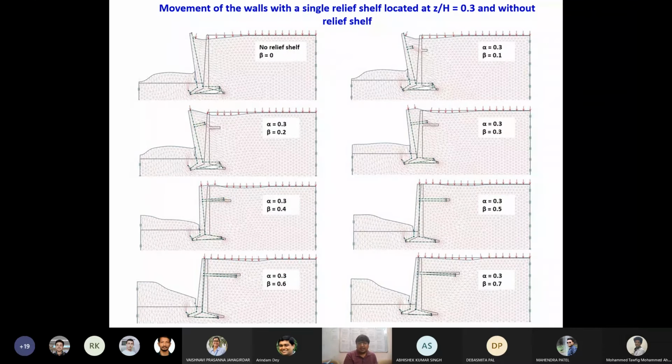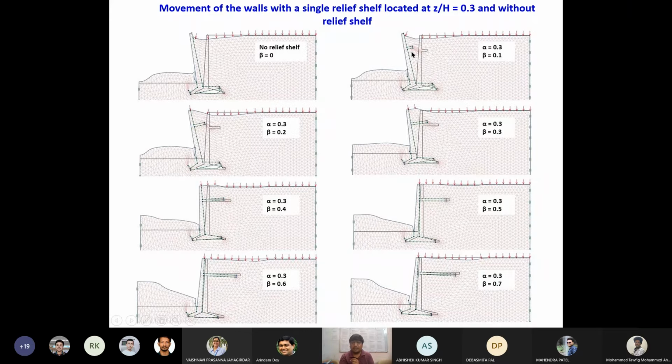Now, what I was introducing earlier is that knowing the critical width of the relief shelf is very important, because the width of the relief shelf also plays into the behavior of the wall movement. Without any relief shelf, the wall has a tendency to move away from the backfill, and you can see the base slab is having a movement like this.